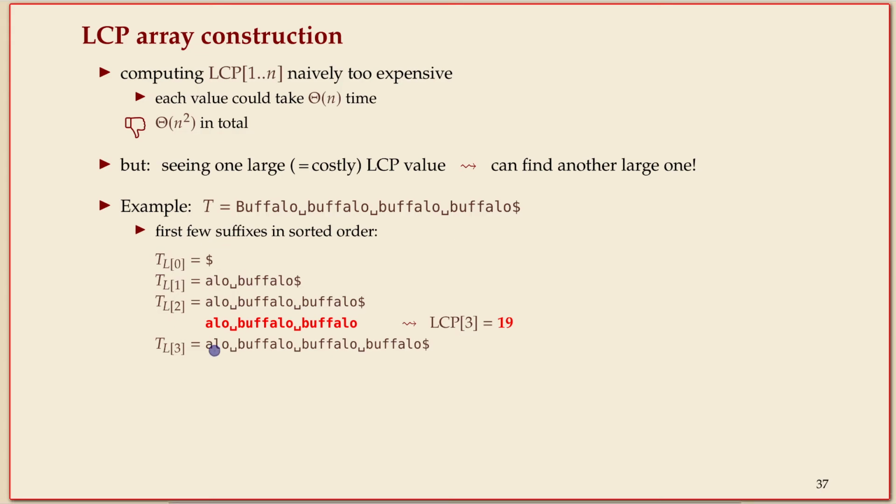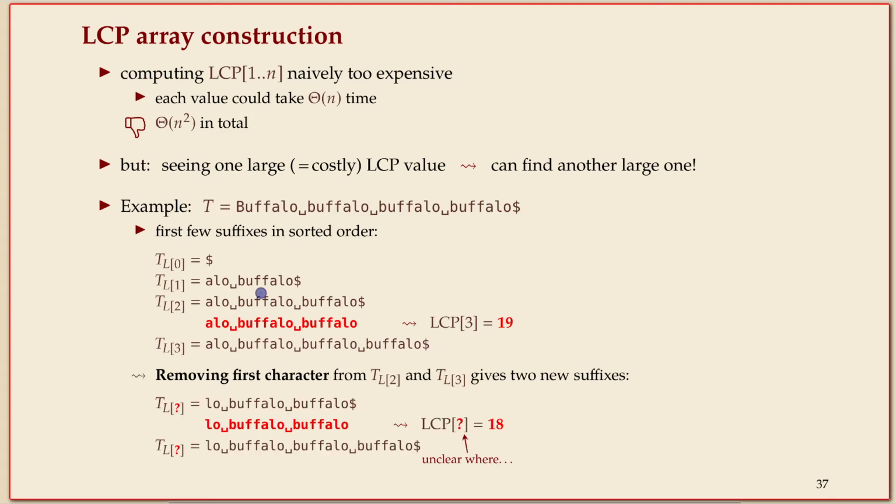If you start by computing the suffixes of this text in sorted order and start computing some LCP values, you can find really long longest common prefixes, and large LCP values, because the text has a lot of overlap. Now, if you have these two suffixes, there will be two other suffixes where these first characters are deleted, and these are written here.